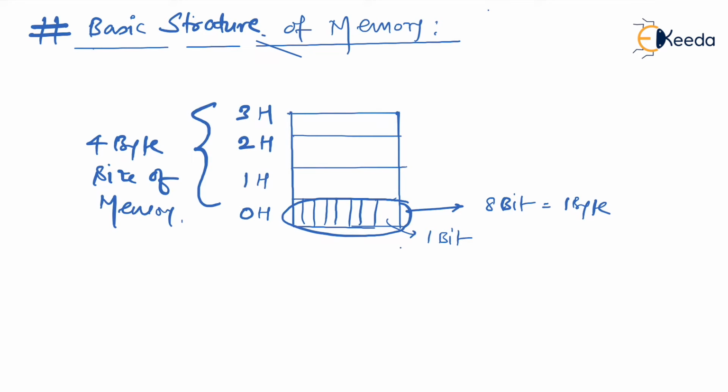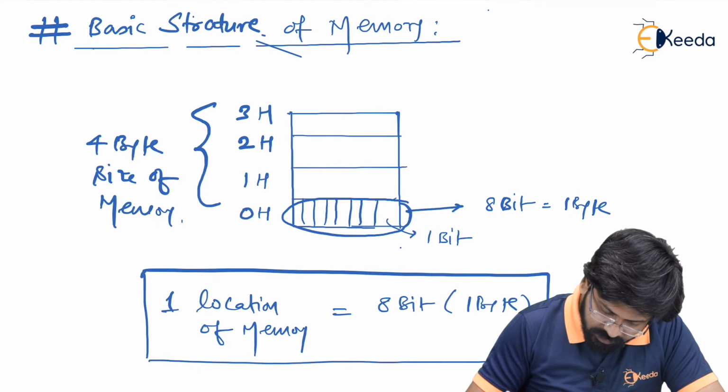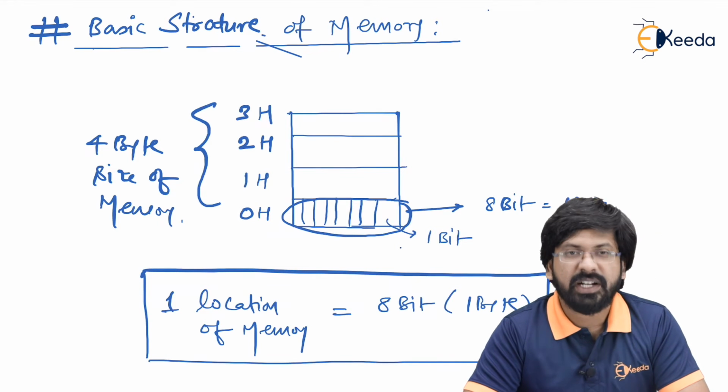So there is a golden rule that you need to remember, that one memory location is always 1 byte in size, or 8 bit in size, and 8 bit is nothing but 1 byte. This is something that you need to remember when you are working with the memory.